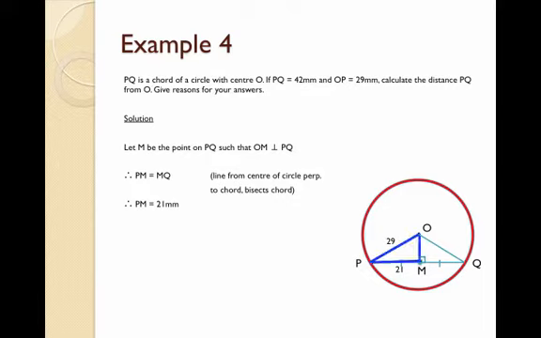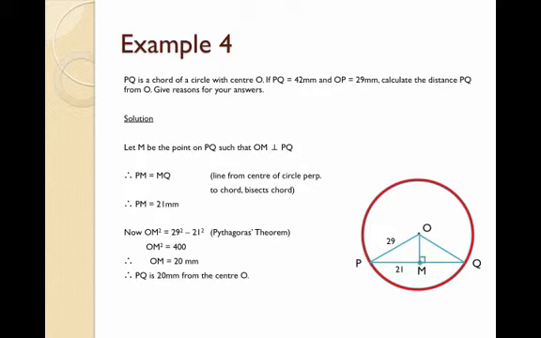Now we're going to use Pythagoras' theorem to find the shorter side of triangle OMP. We should know that OM squared equals 29 squared minus 21 squared because of Pythagoras' theorem, and I'll use that reason in brackets. So OM squared is 400, and therefore OM is 20 millimeters. We can now say that therefore the chord PQ is 20 millimeters from the center O.